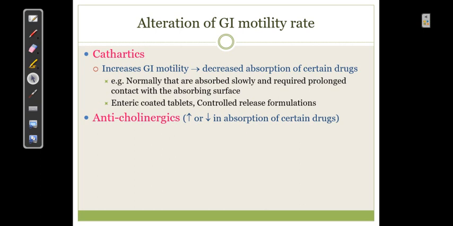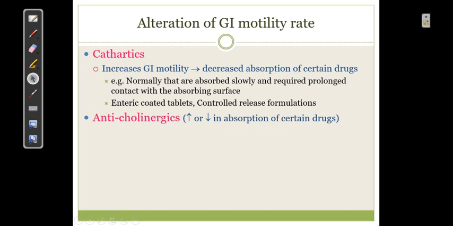Say, for those types of drugs which require a slow absorption profile, or a prolonged contact with the absorbing surface, a reduction in absorption and thus bioavailability can be reported. But how will it increase the absorption of a drug?